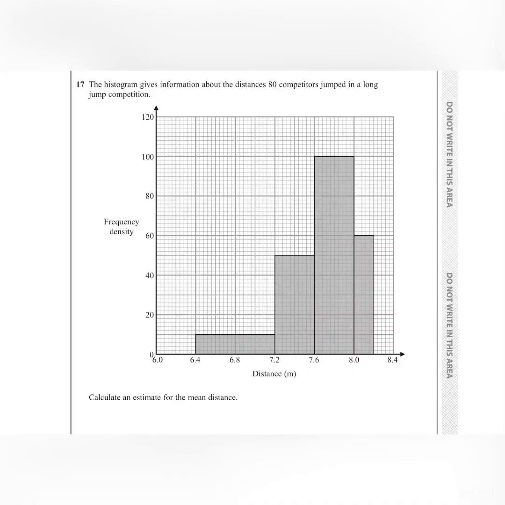Okay, question number 17. It says the histogram gives information about the distances 80 competitors jumped in a long jump competition, and calculate an estimate for the mean distance. So we already have a histogram drawn for us, and we want to go backwards and look at how many people were represented in each of these sections.